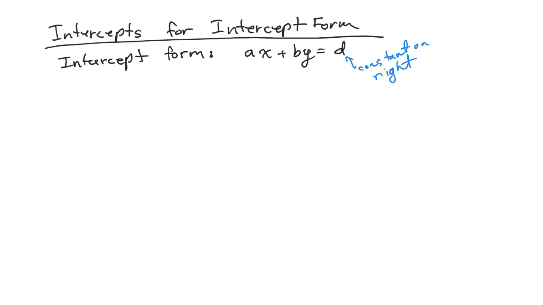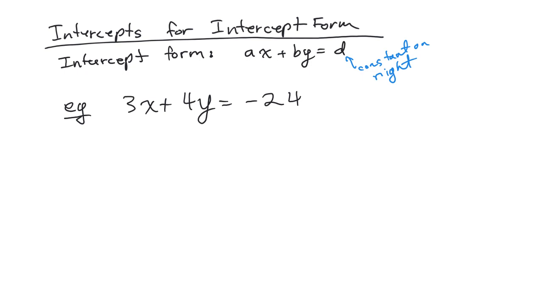Now, here is how we solve these problems, okay? So here is a problem. So this is an example. So let's say I have 3x plus 4y is equal to, say, negative 24, okay?